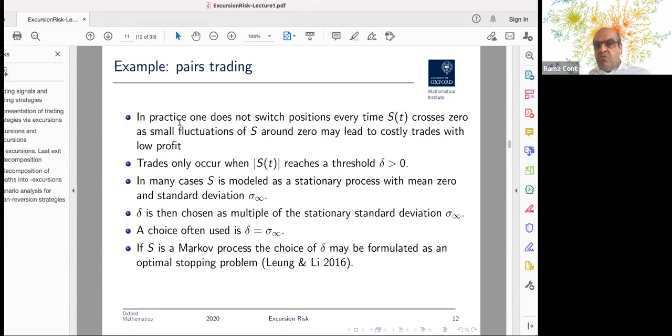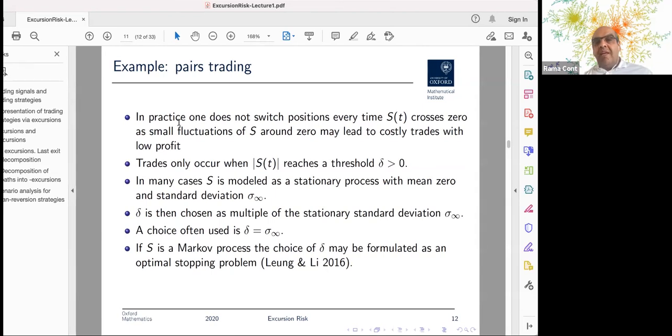That's not very interesting for trading, because if you go 1 cent below zero, 1 cent above zero, every time you make 1 cent. Unless you're doing very high frequency trading, that may not be so interesting, although it's not clear. It may be interesting, but we will see that tomorrow. We will look at high frequency asymptotics tomorrow.